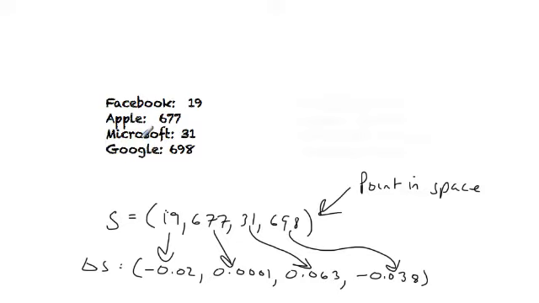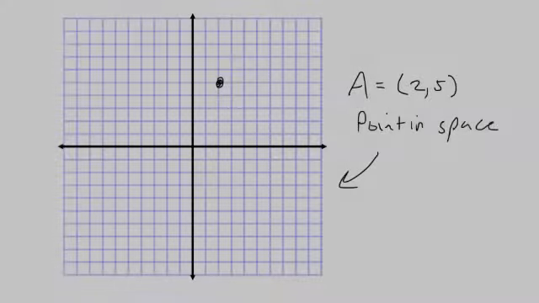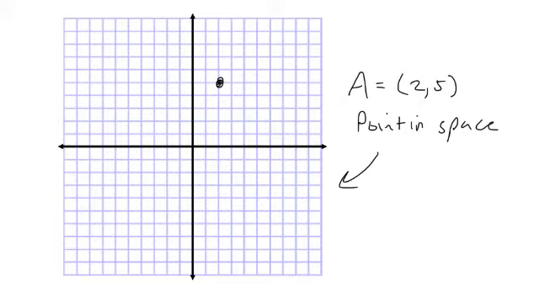So a list of numbers can represent a point in space, but it can also represent a vector, okay? And when we talk about a vector, really what we mean is a directed line segment, and that is the terminology your textbook uses. A vector 2, 5 means that I go over 2 and I go up 5. So the x-coordinate changes by 2 and the y-coordinate changes by 5. Now, it really does not matter where I put this in space.